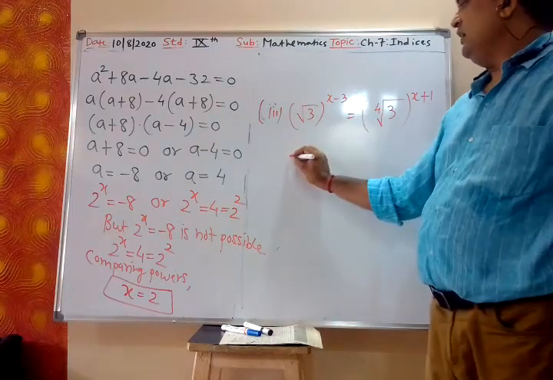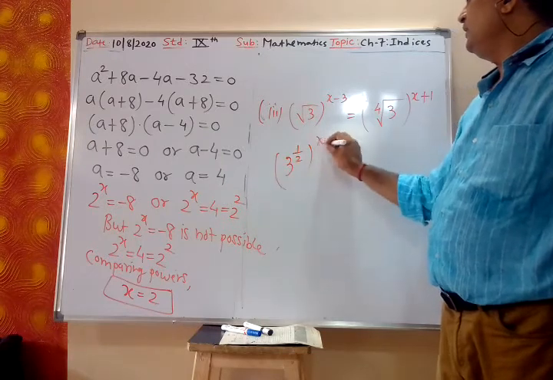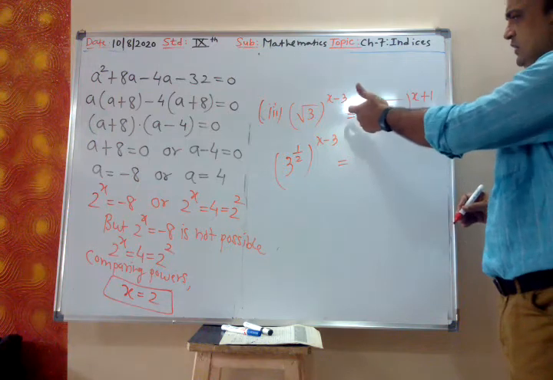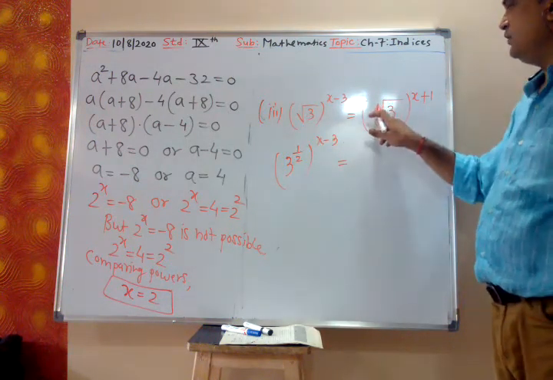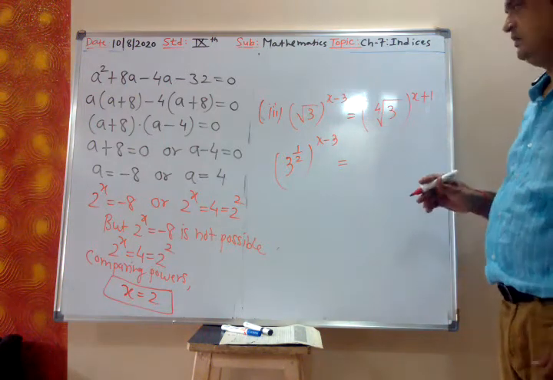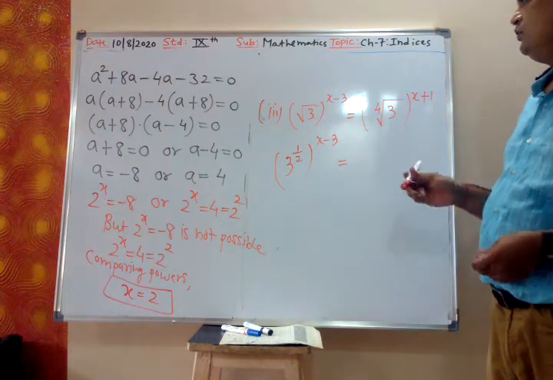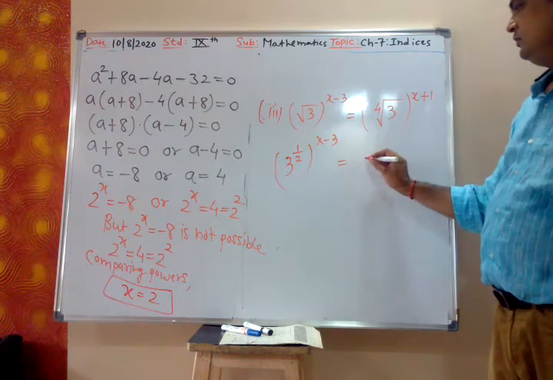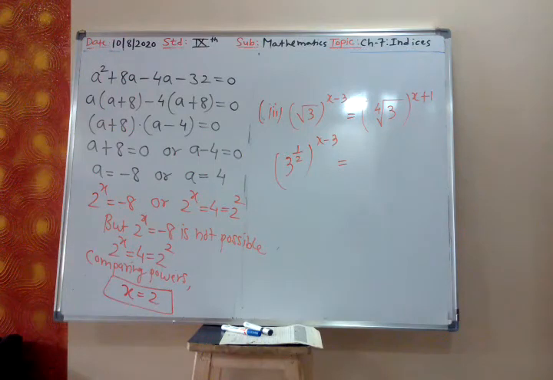Now root 3 I can write 3 raised to half raised to x minus 3. See, this side it is root 3, this side it is the fourth root. I cannot do the square directly because this is the fourth root. You go by the method.